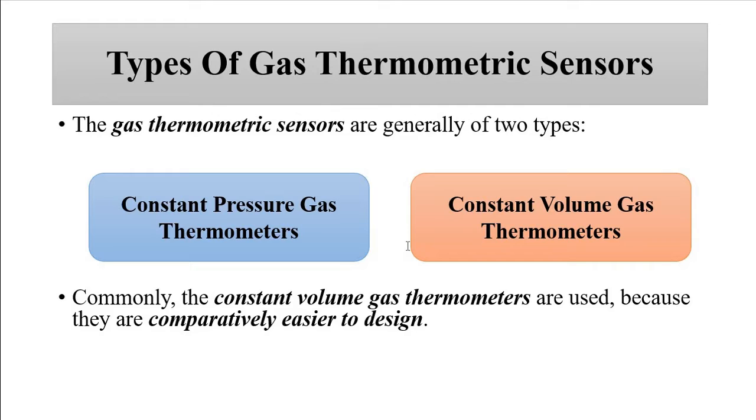It is not that it is completely impossible to design, but it is very difficult. So the constant volume gas thermometric sensors are used because they are easier to design and less costly. That's why it's a good solution.